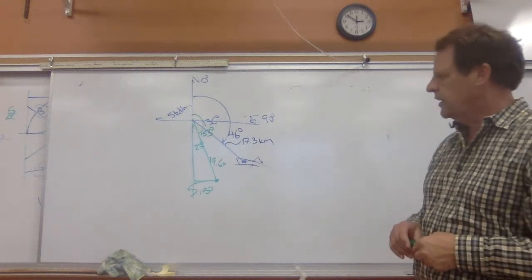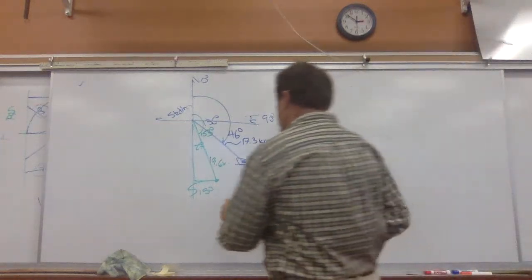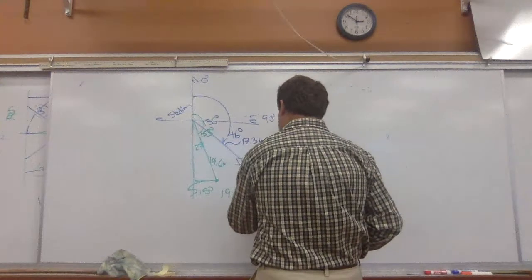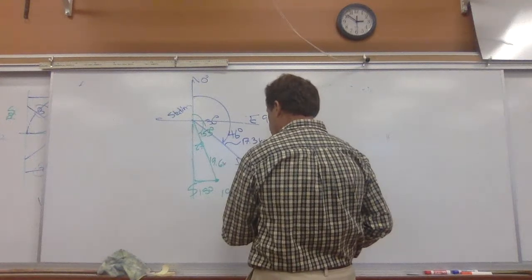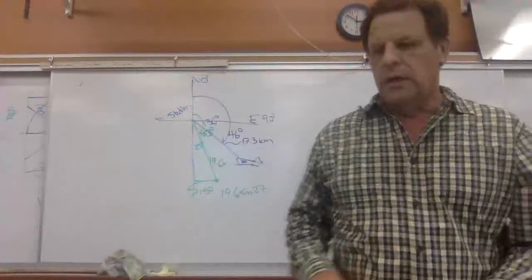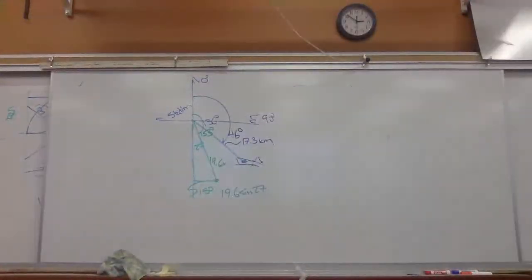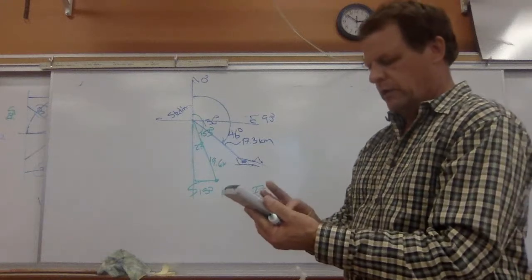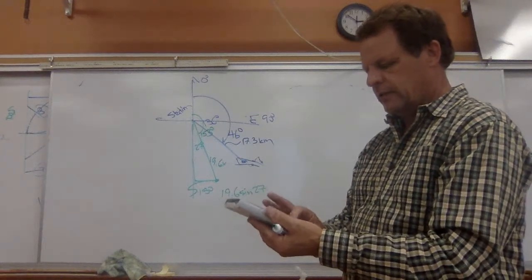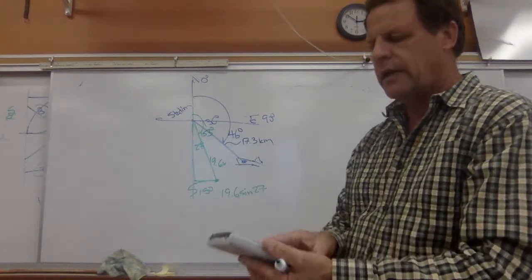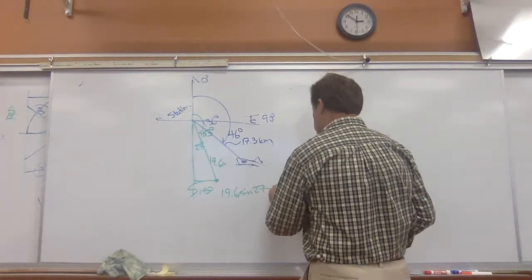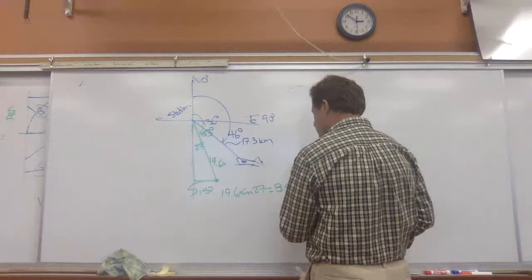So if we go 19.6 sine 27, we're going to get 8.898. We'll call it 8.9, okay? So that's equal to 8.9.